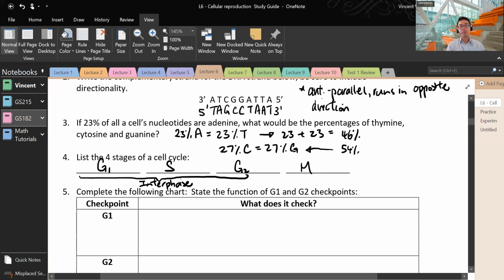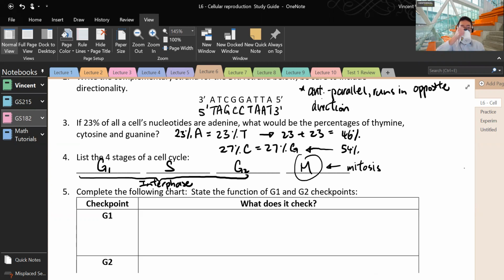Right? The cell spends most of its time in interphase, performing its function, growing, gathering nutrients. And finally, the M here, that is the mitotic phase or mitosis, right? The actual cell division. Okay.